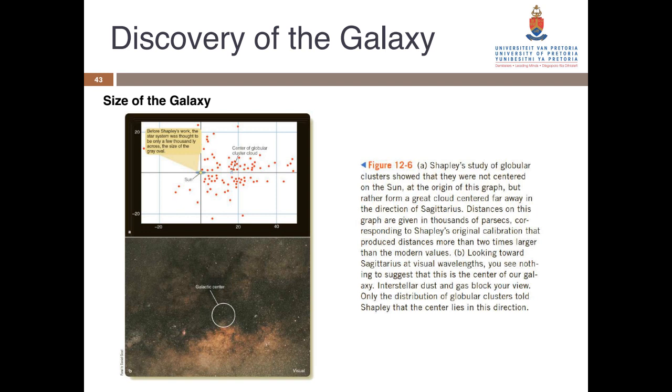Then in image B, looking towards Sagittarius at visual wavelengths, you see nothing to suggest that this is the center of our galaxy. Interstellar dust and gas block your view. Only the distribution of globular clusters told Shapley that the center lies in this direction.